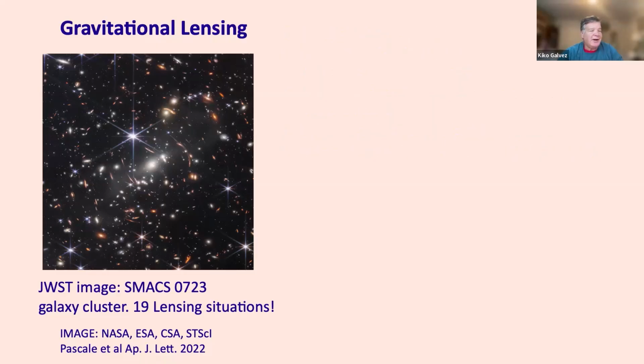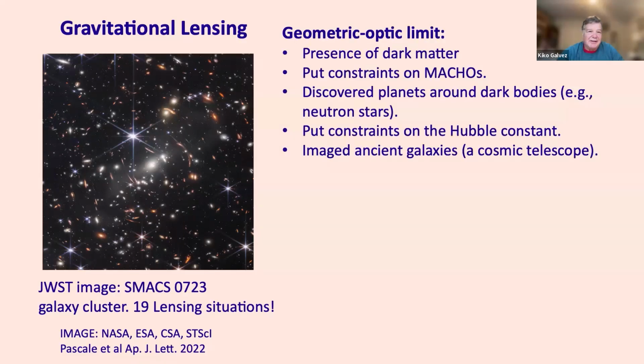Now one of the challenges that we faced when we started doing this work was not that things were very unknown, but the opposite. Things were very known. Gravitational lensing is a mature field, and it has studied mostly the geometric optics limit.